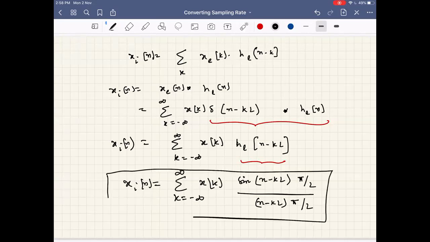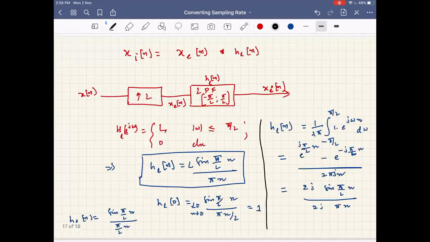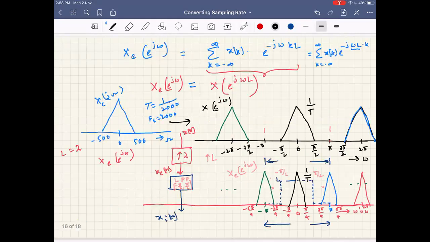So in the frequency domain, what happens? The spectrum is the same spectrum. I will sketch the spectrum of x_i of n here just for completeness, only from minus pi to pi range. Okay, this is 0.